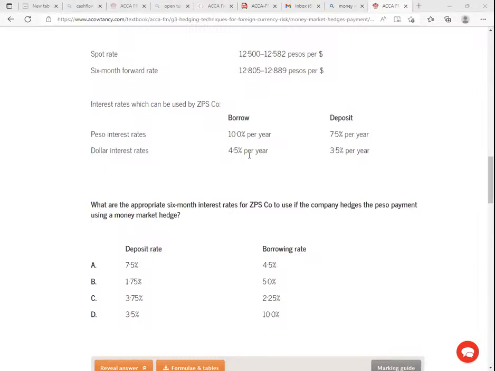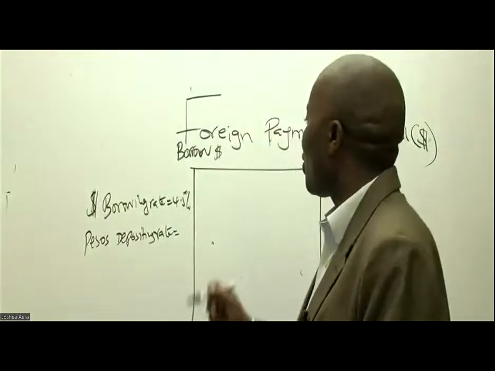How about the peso? On the other side we are depositing. So the peso depositing rate, if you look at this, is 7.5%. Thank you very much.